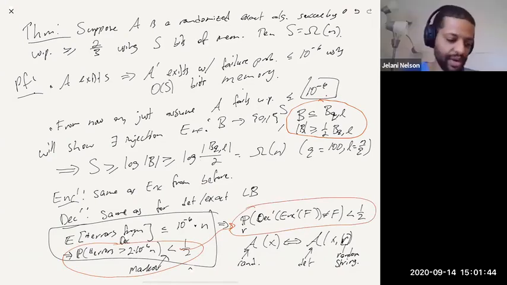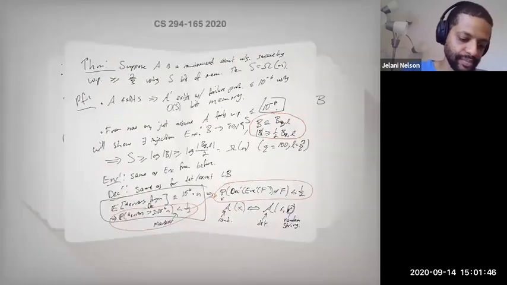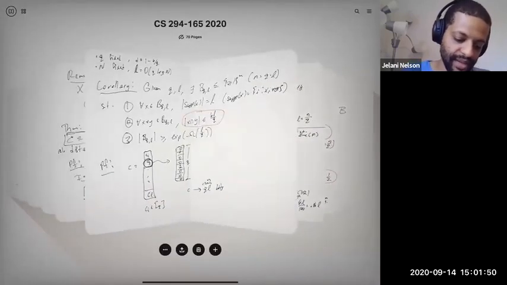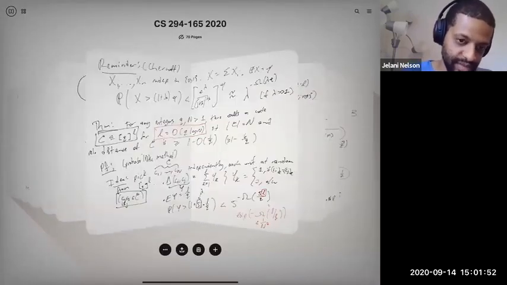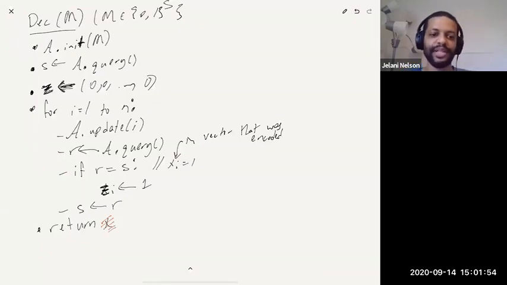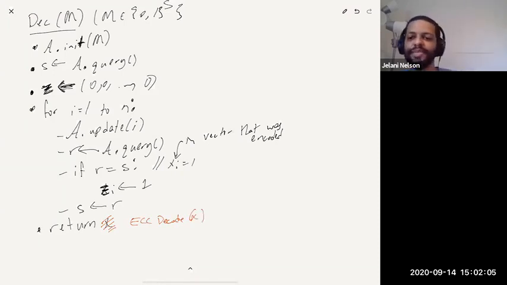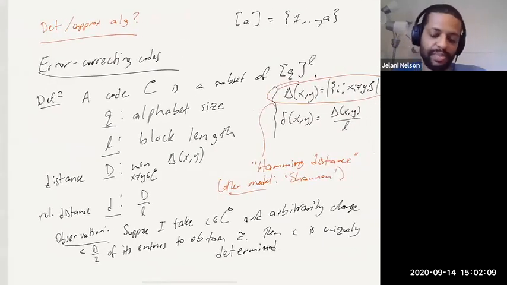I guess I should say one thing, which is I do have to change one line here in the decoder. I'm not actually going to return X, but I'm going to return what I'll call the error correcting code decode of X, if that makes sense. So again, it's the same kind of argument I had with these balls.